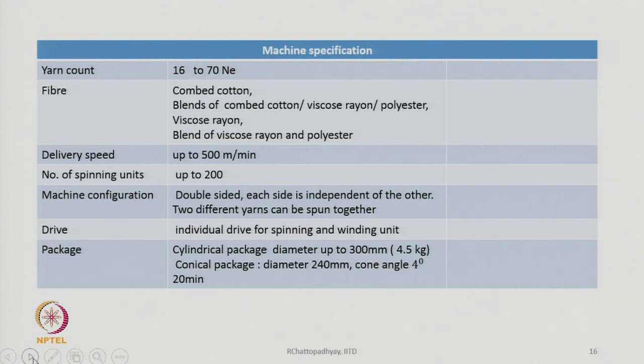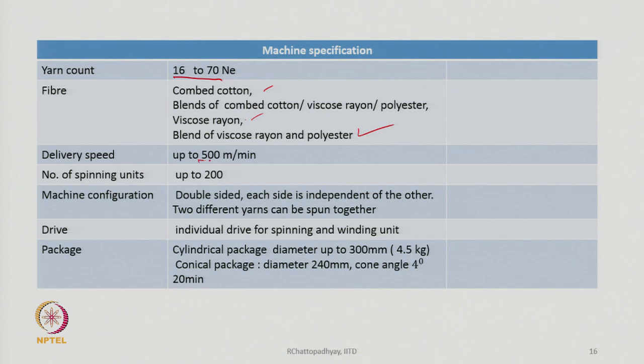Now, these are typically the machine specifications we will just discuss. Typically, these machines can spin yarns starting from 16 to 70 Ne. Fibers already stated: combed cotton, blends of combed cotton with viscose rayon or polyester, 100% viscose rayon or blend of viscose rayon and polyester. All these fibers can be processed.